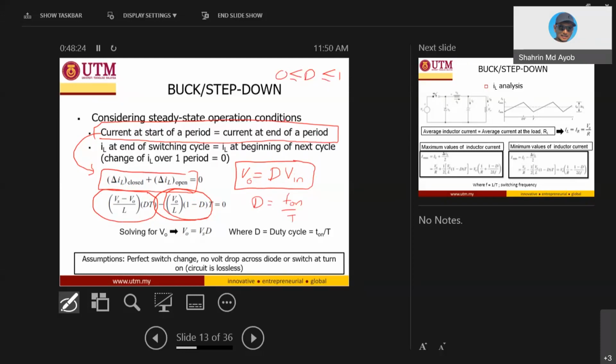When D is 1, it is fully turned on for the whole period. So you can see that the maximum V out equals V input. It cannot be higher than V input. So that's why we call this converter a step down converter.